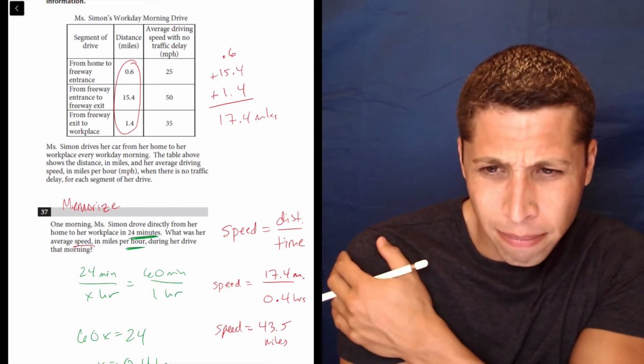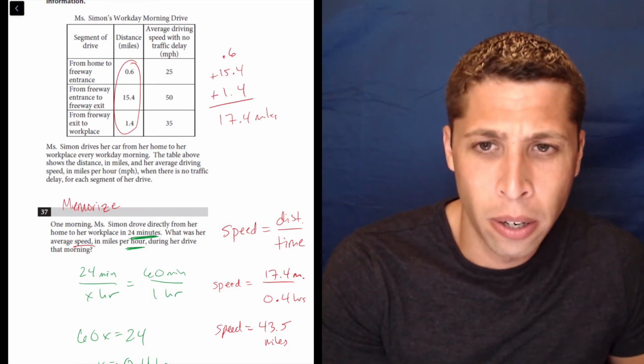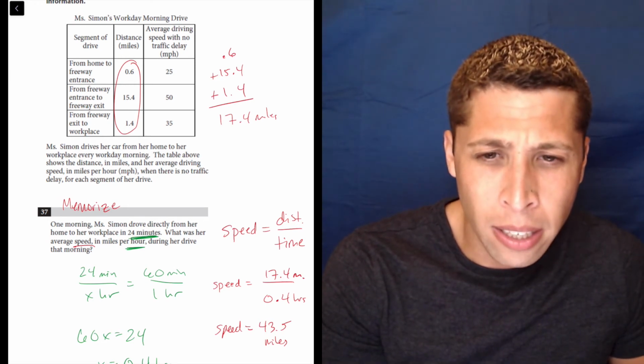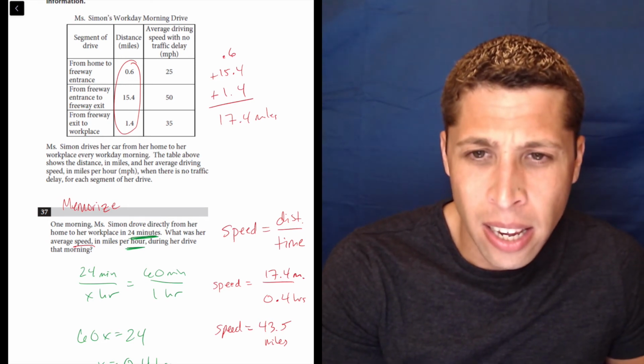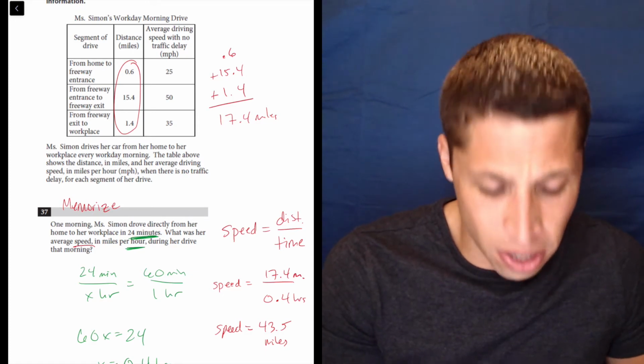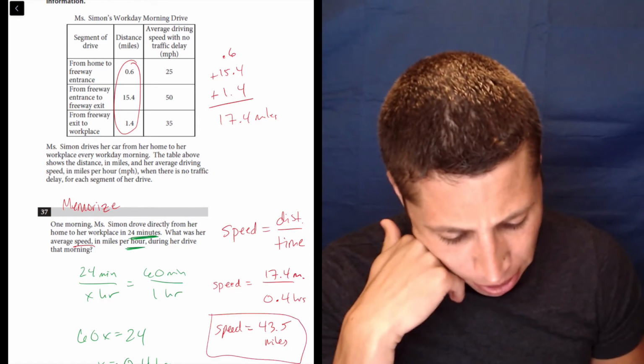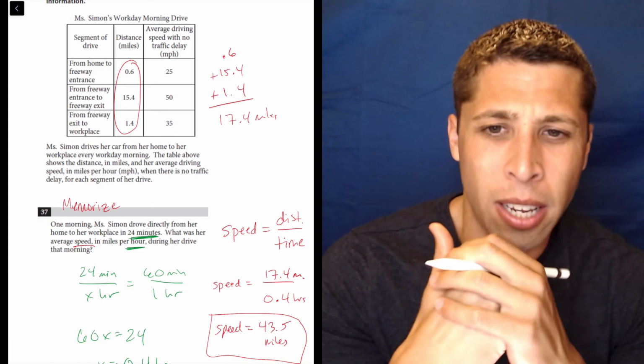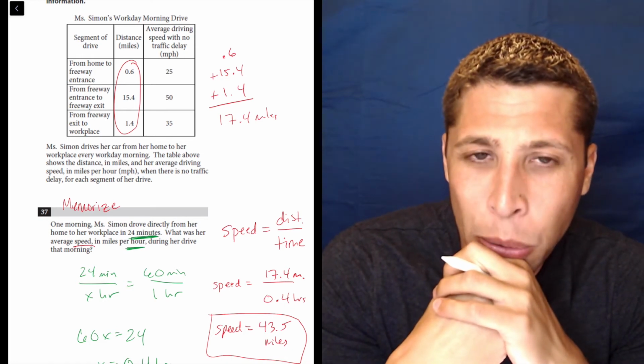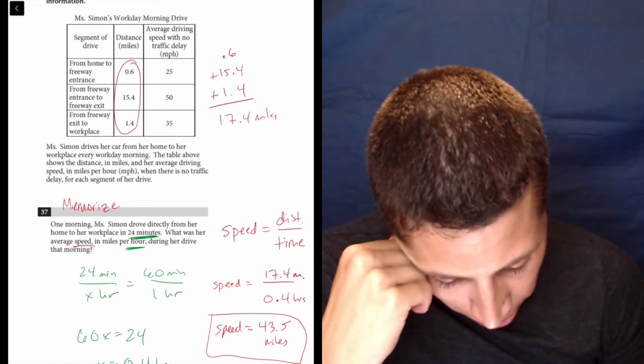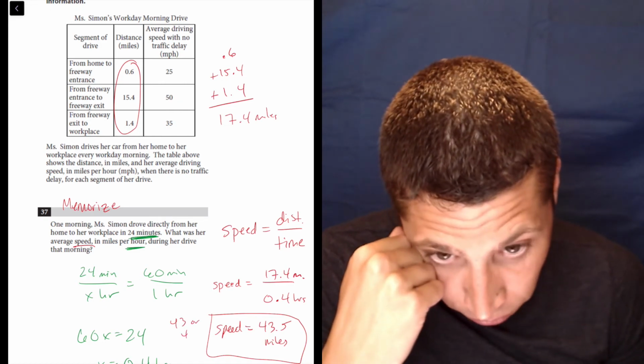I'm not exactly sure why the SAT accepts other answers here. 43.5 miles per hour is the answer. I don't really get why they accept 43 or 44. They're both acceptable.